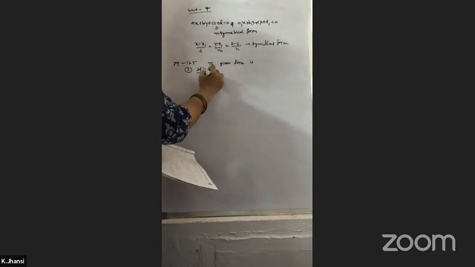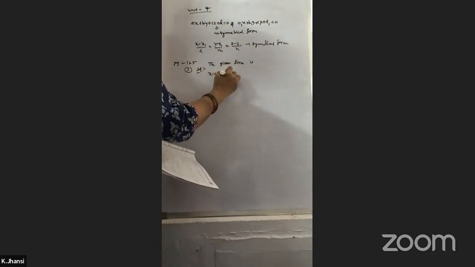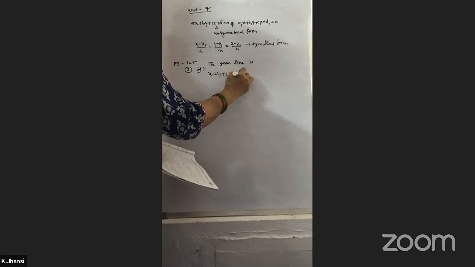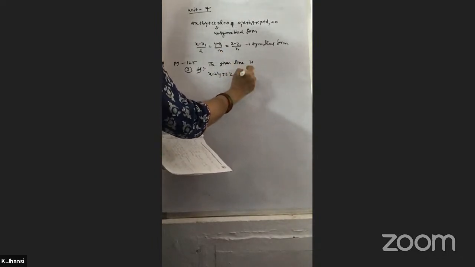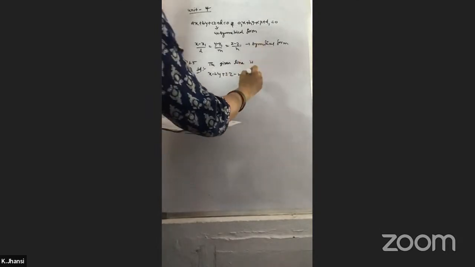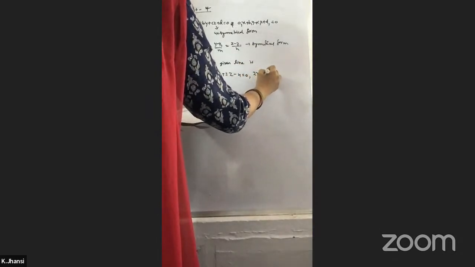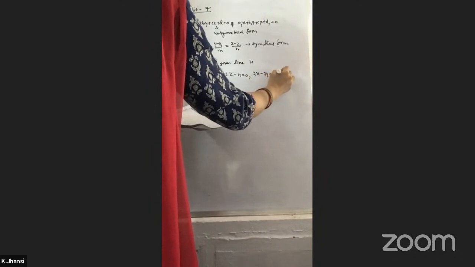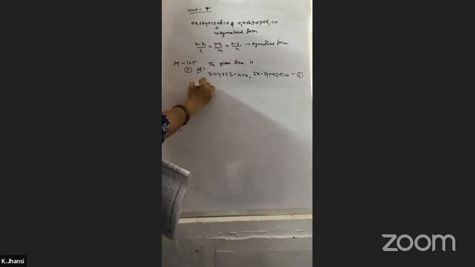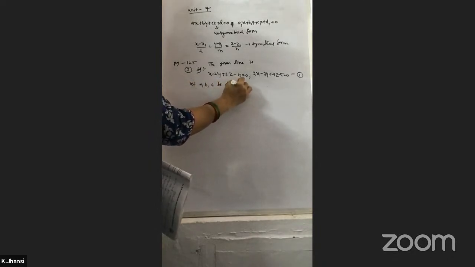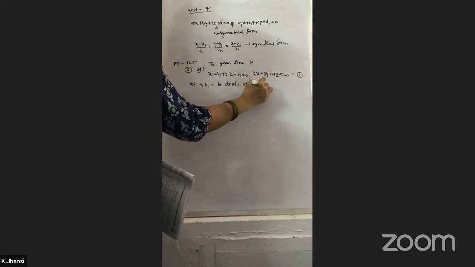So write the given equations x minus 2y plus 3z equals to 4, or you can write, x minus 2y plus 3z minus 4 equals to 0, comma 2x minus 3y plus 4z minus 5 equals to 0, and you take this as equation 1. Okay. So for this, let A comma B comma C be direction ratios of line 1.